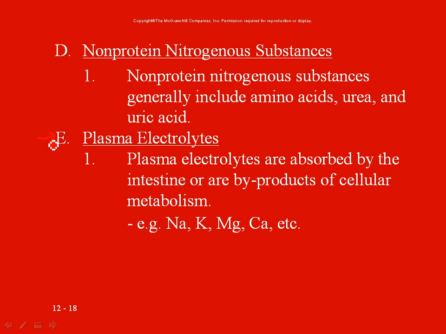Now these are going to be used, like we said, by certain cells, for instance like the neurons and the muscle cells, or other types of active cells in terms of balancing their concentrations of ions or their electrical gradient across their membrane. And so sodium, potassium, magnesium, calcium, these are all floating around in the plasma. Like we said, these are ions that come from salts.